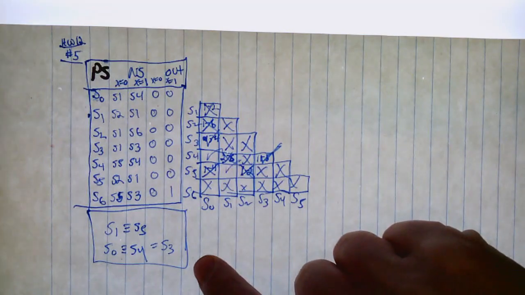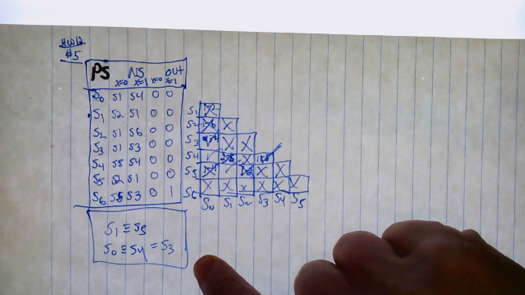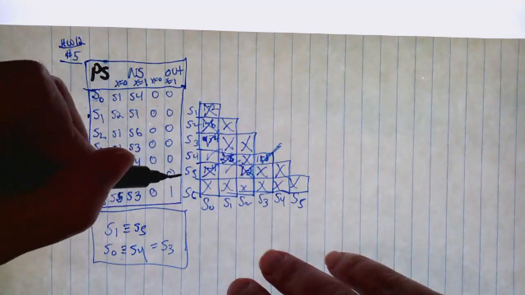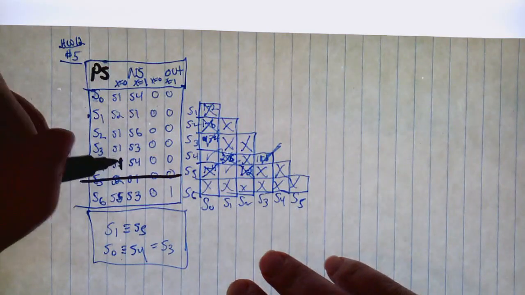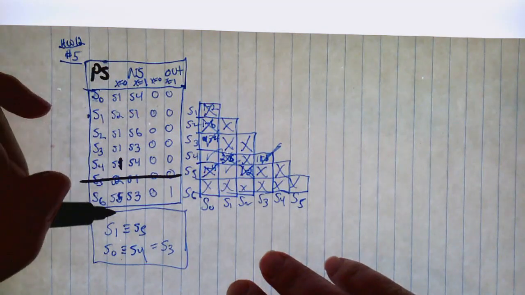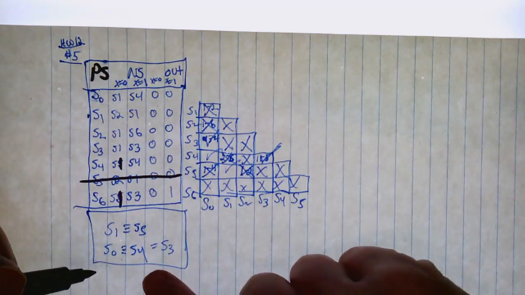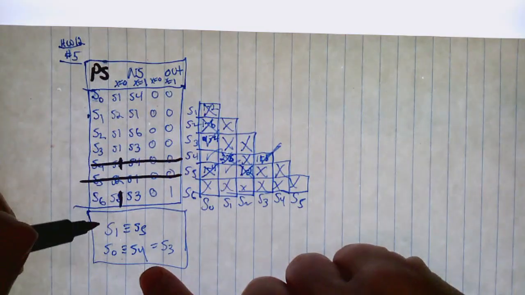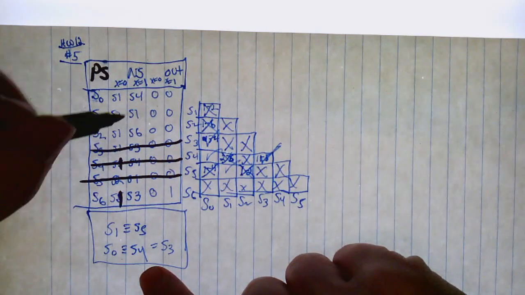Let's take a look and see what simplifications we can arrive at. So that says that S5 has to be written as S1, and that S4 and S3 all get written as S0.